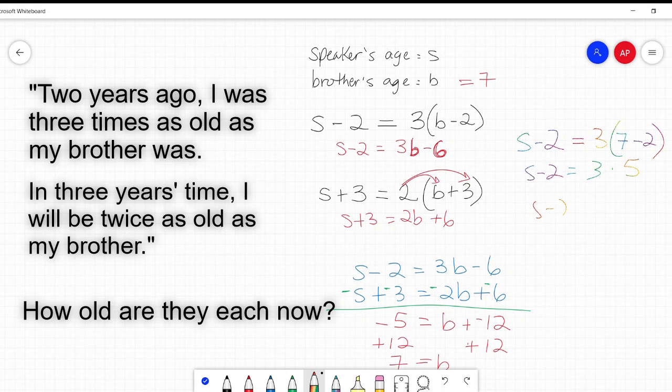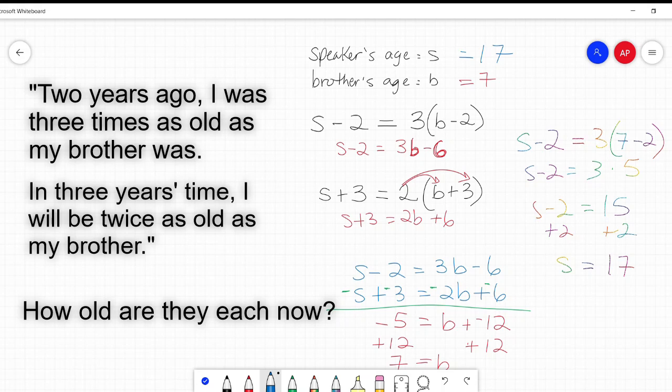So S minus 2 equals 3 times 5, or 15. I add 2 to both sides. S equals 15 plus 2, or 17. So the answer to the riddle is right now, at this moment in time, the speaker is 17 years old and the brother is 7.